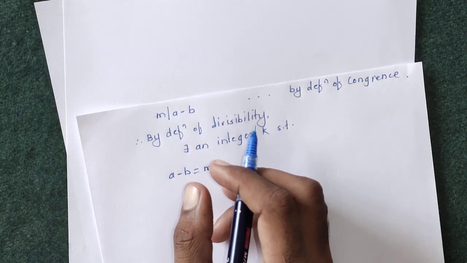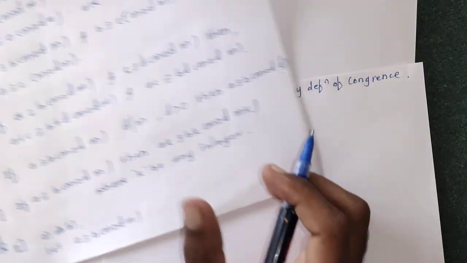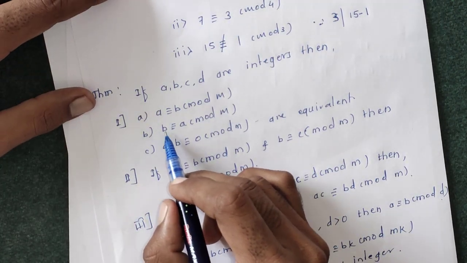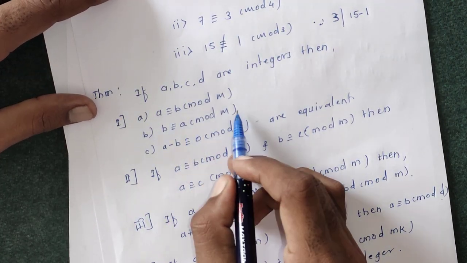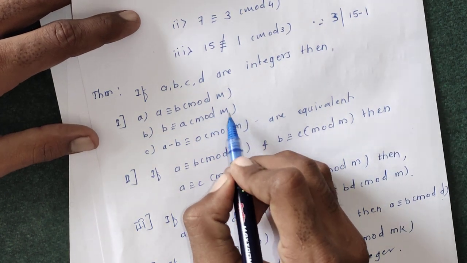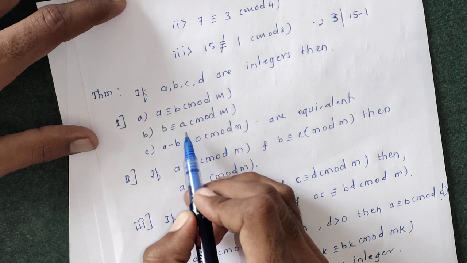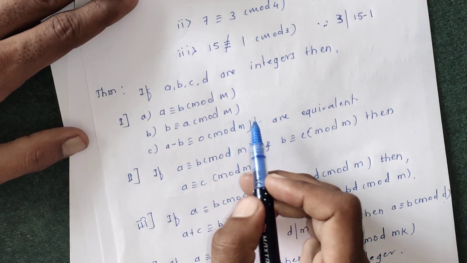We have supposed A is congruent to B mod m, and we are going to prove B is congruent to A mod m. That is, we have to prove that m divides B minus A. Then we can say that B is congruent to A mod m.